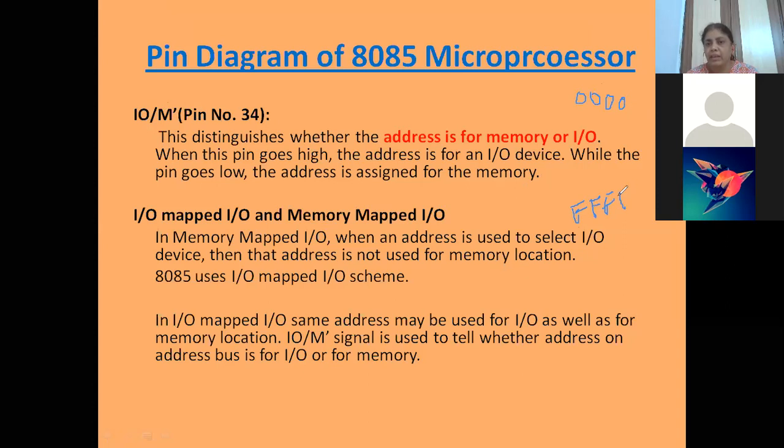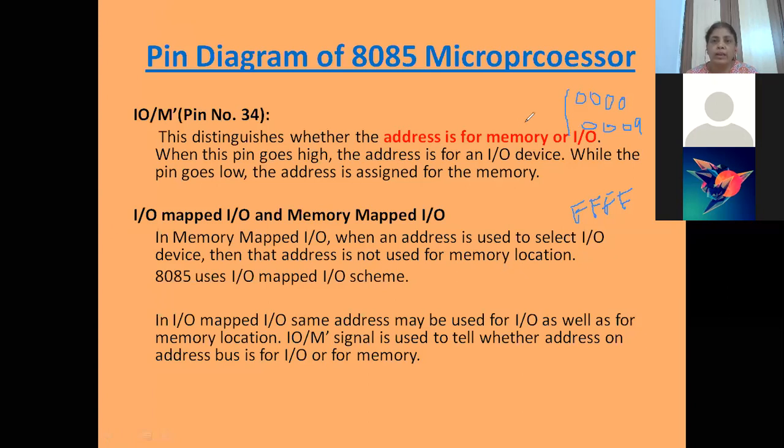Means I can give any address to input as well as to memory. तो मुझे सेपरेट देने की जरूरत नहीं है. लेट्स से 009 जैसे मैंने कीबोर्ड को दिया था एड्रेस, और 009 अब मेमोरी लोकेशन भी है. मीन्स from 000 to 009 is also the part of your memory addresses.